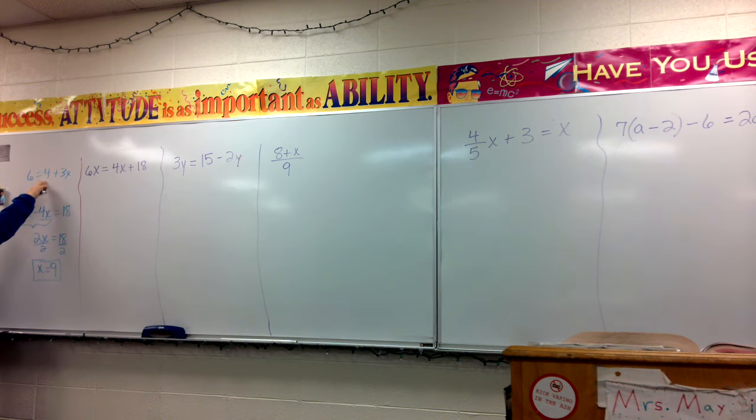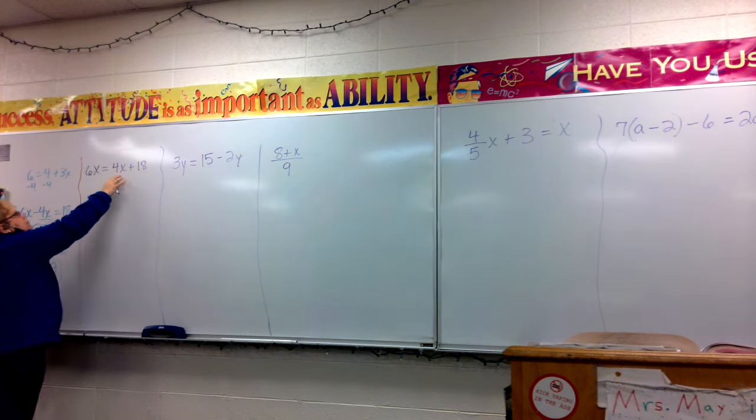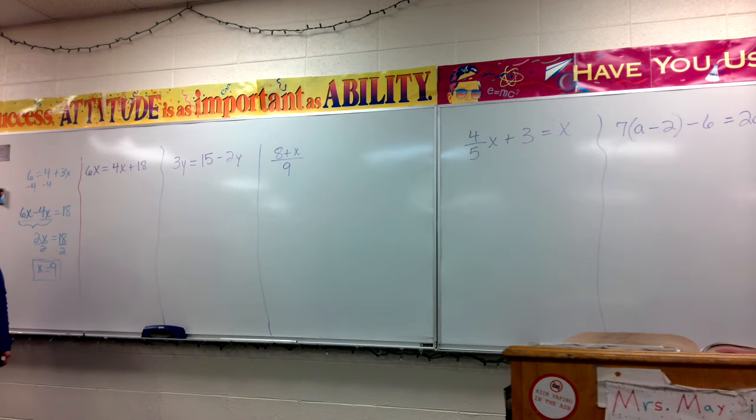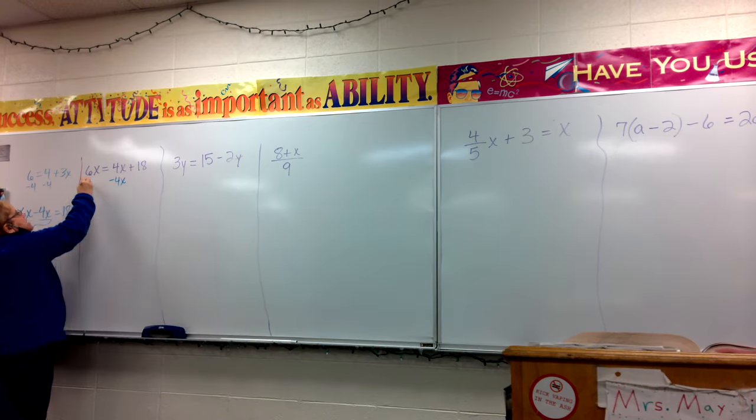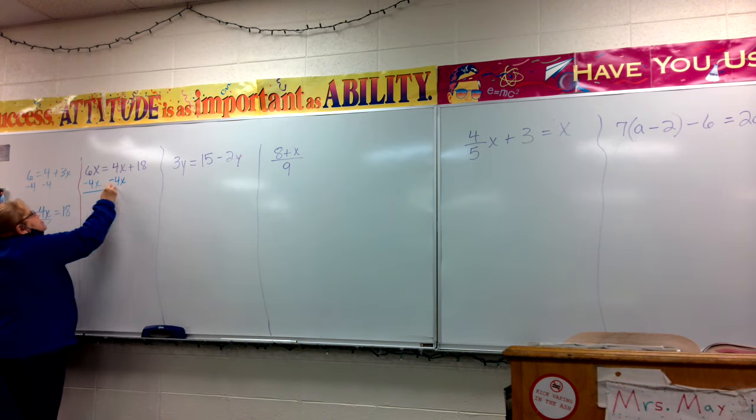What do you have to do to get rid of that positive 4? Subtract it. So guess what you're going to have to do to get rid of the 4x? Subtract it. If they are on opposite sides, you do the opposite operation.